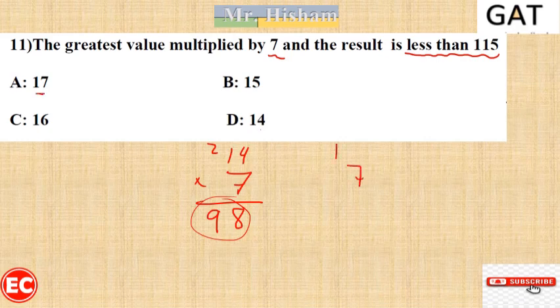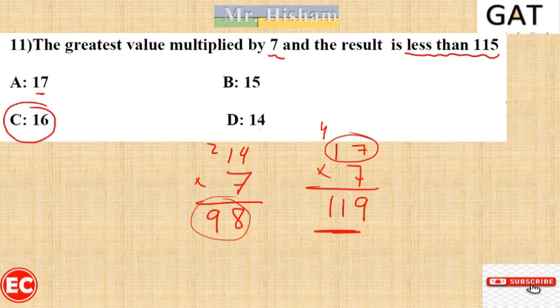So 7 times 17. 7 times 7 is 49, 9 and carry 4, 7 times 1 is 7, and 4 is 11, so 119. So I will go to the number just before 17, and this number is 16. I can write 7 times 16. 7 times 6 is 42, 2 and carry 4, 7 times 1 is 7 and 4, 11, so it's 112. And 112 is the nearest value to 150.